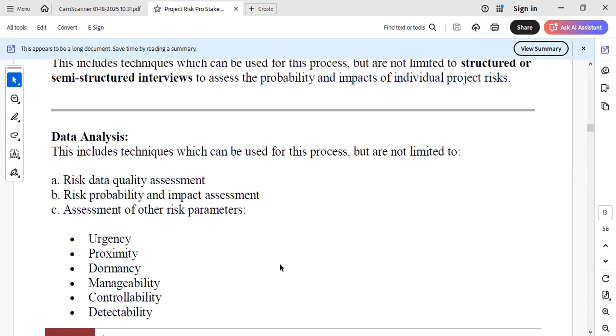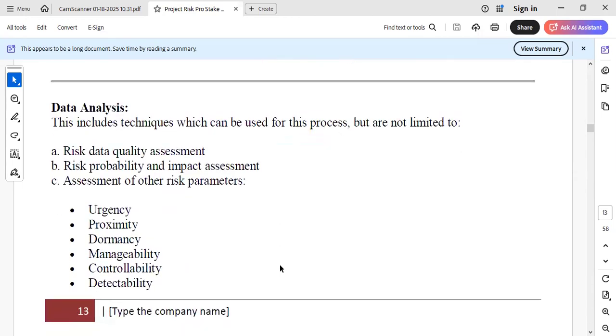So when we analyze, talking about quality, you still want to look at the urgency of occurring. You want to look at the proximity, how near we are to it. You want to see the manageability. Can we manage the risk? There are some risks you cannot manage. It's either you cut them off the project scope or you accept them.